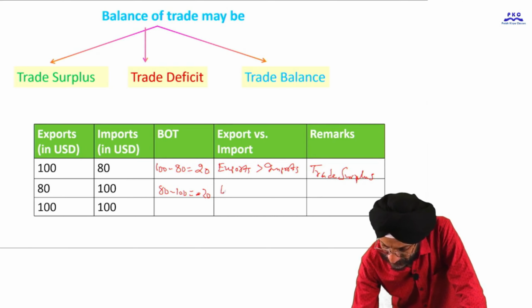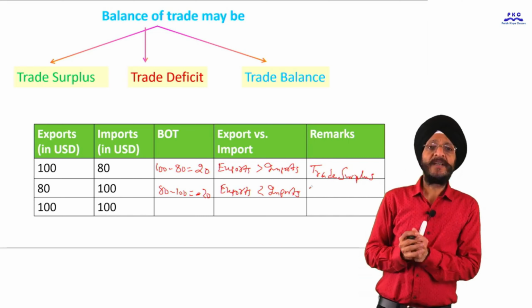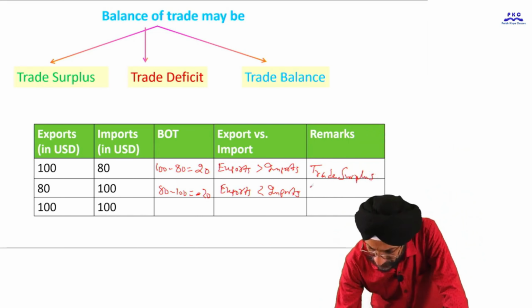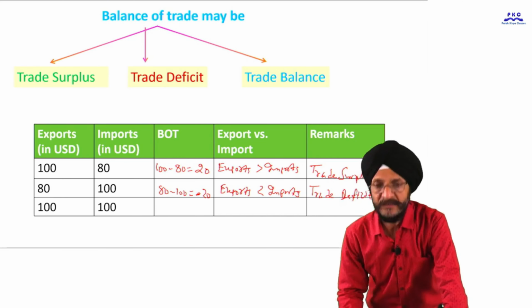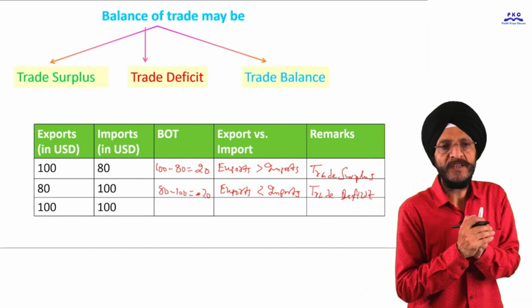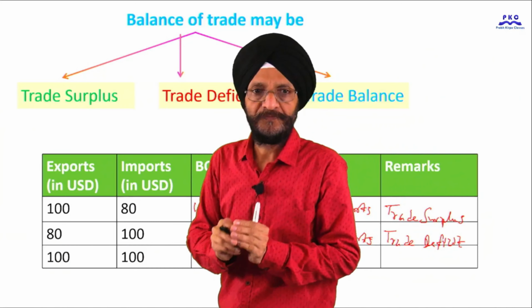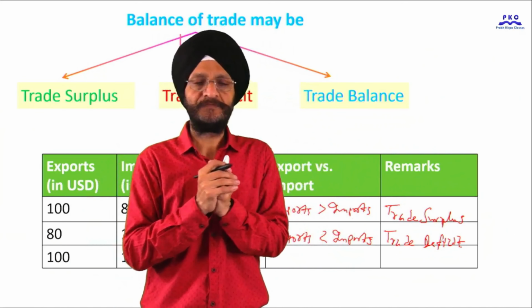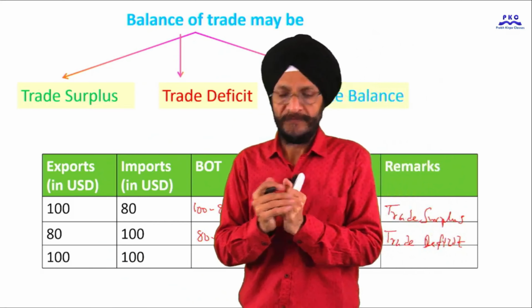Here exports are less than imports. So it is a trade deficit position. The country is having a trade deficit because the value of its imports is more as compared to exports. It is also known as negative balance of trade.